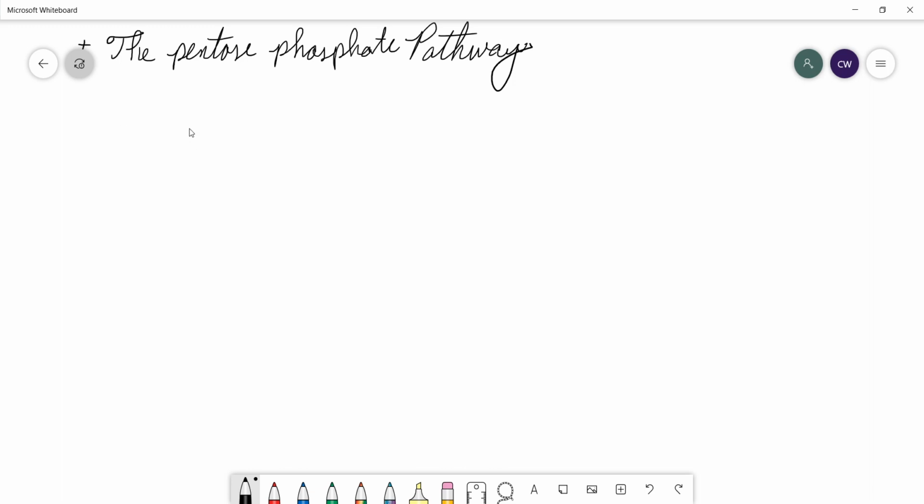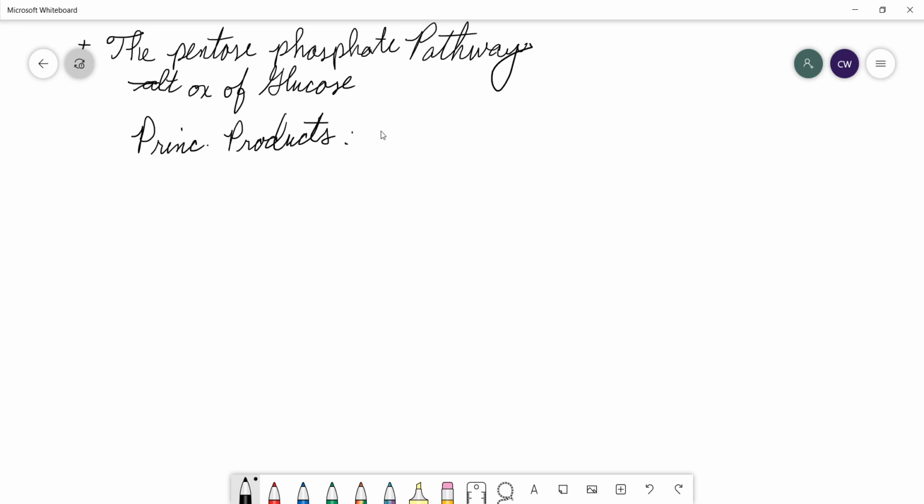This is an alternative glucose oxidation, an alternative oxidation of glucose. Principal products are NADPH and ribose phosphate.